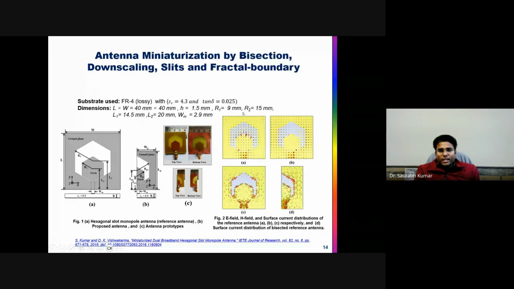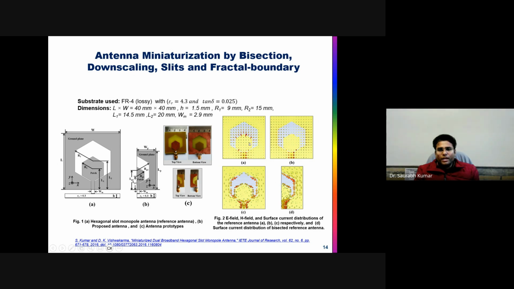By bisecting this antenna from its symmetric plane, where the electric field is symmetric and the magnetic field is asymmetric, or by creating the open boundary or the PMC boundary somewhere here, you will be able to get similar behavior from both antennas. You can find similar current distribution and electric field distribution.